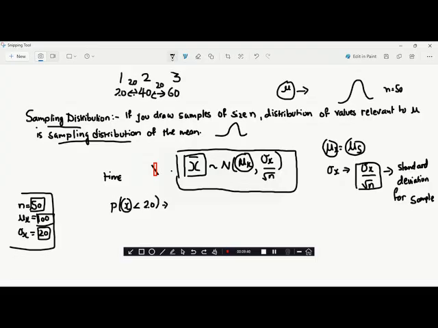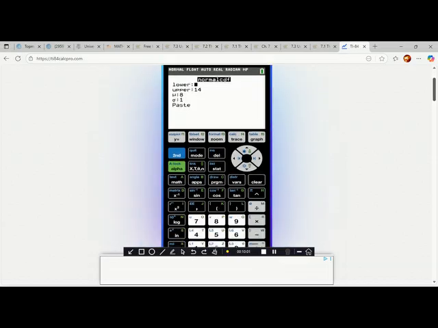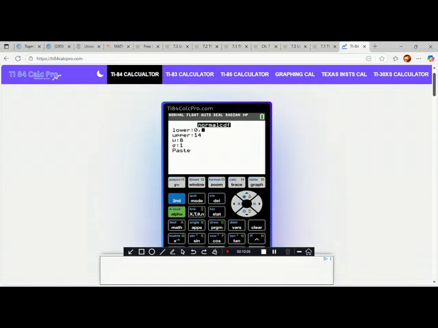The result will be the same, depending on the sample itself, depending on what you're trying to figure out. In this case, we're trying to figure out time. Time won't be negative. So for that reason, we'll take 0 as the starting point, and 0 is your lower limit. So we'll type in 0 on this calculator. This is your lower limit.